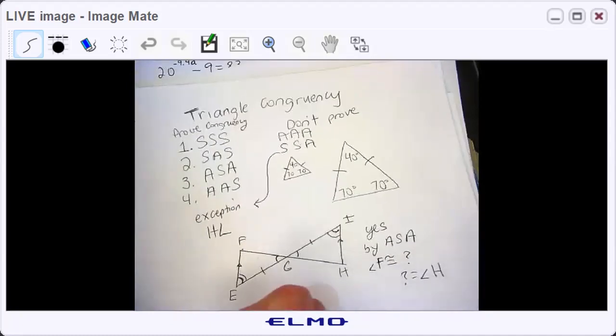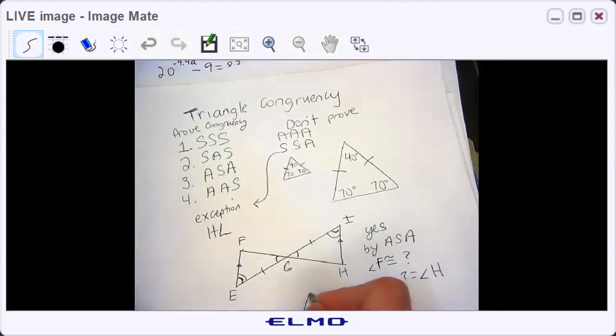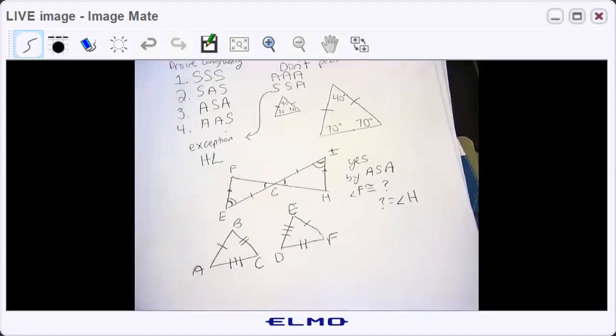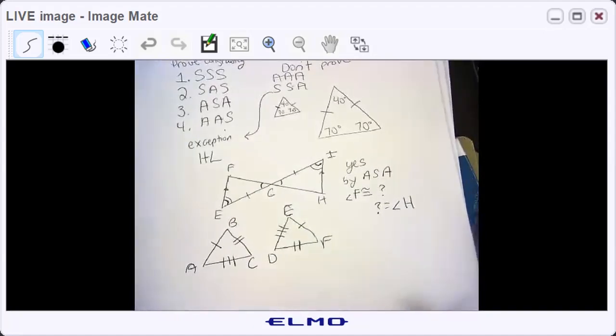Okay, let's look at another one. All righty, so is ABC congruent to DEF?